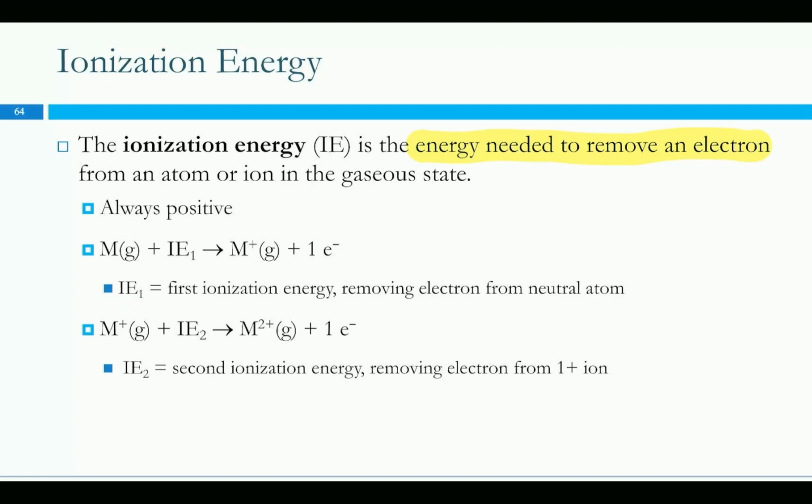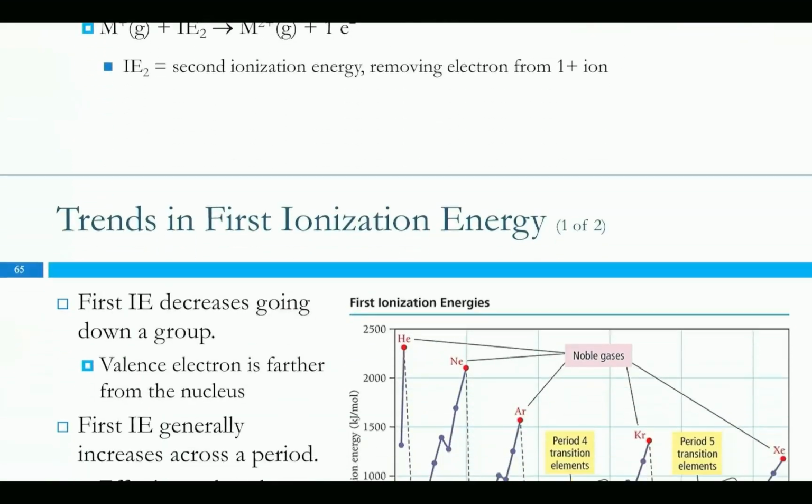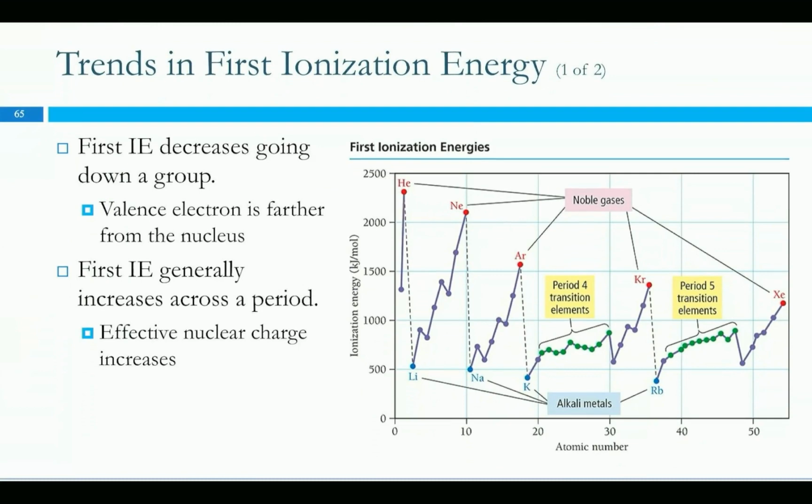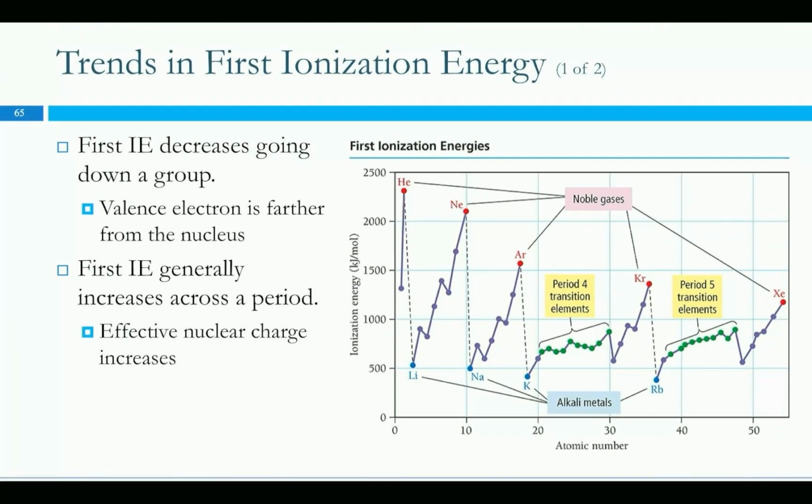The second ionization energy would be taking away another electron. So you put some energy in to get an electron out. And these have trends. You can determine these, but what I want you to know is the general trends. You don't need to memorize specific ionization energies.